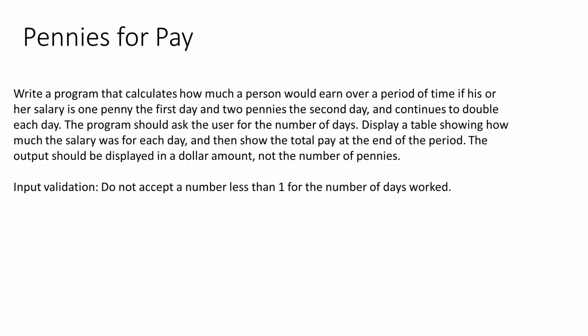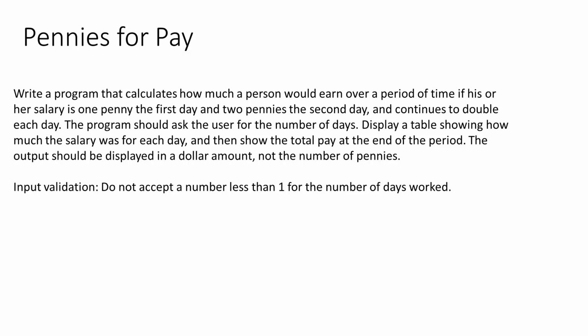So from here we have the information. The input is the number of days, and we should validate it. It shouldn't be less than 1. The calculation: the first day is 1 penny, the second day is 2 pennies, the third day is 4 pennies, the fourth day is 8 pennies.